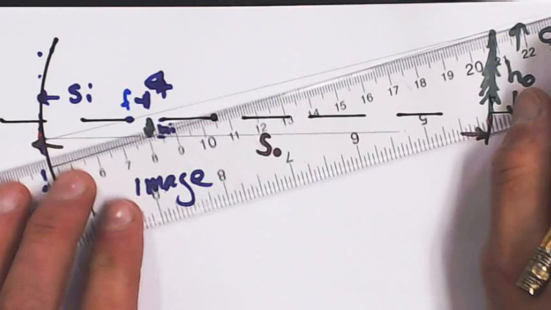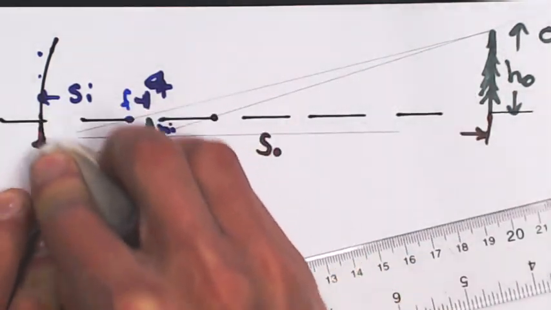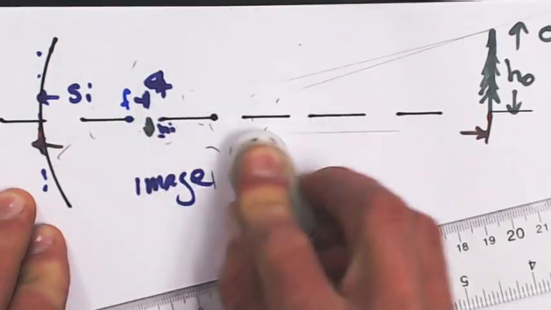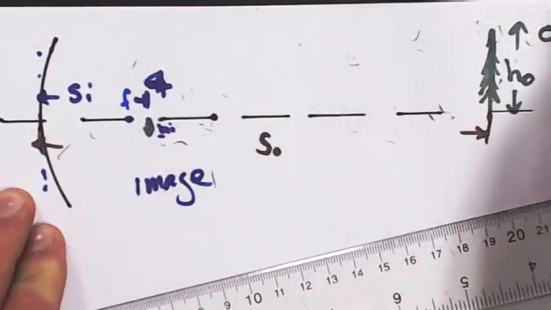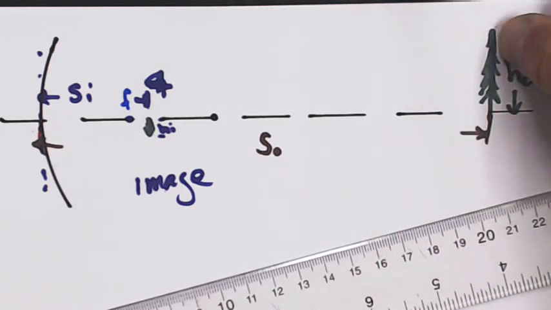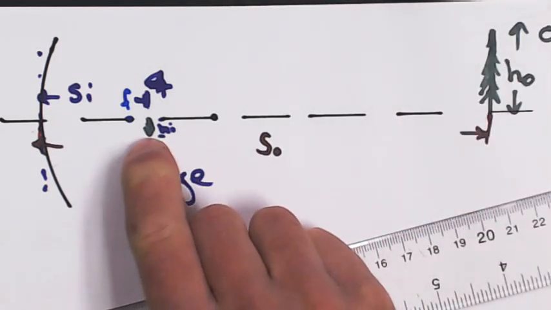Now, let's get rid of these lines, because I'm going to draw some more here in a second. There it all is. But now all the light from the top of my tree has to end up right here.